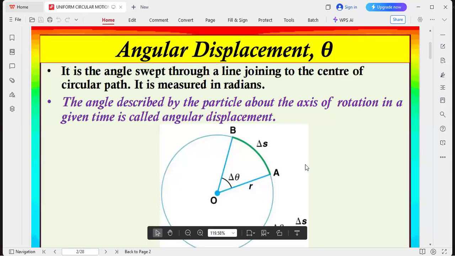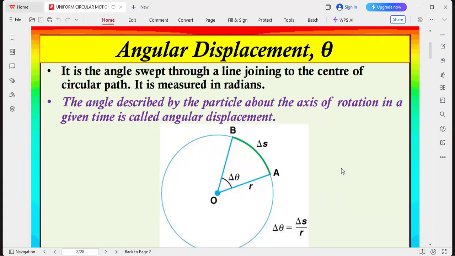So the formula for angular displacement is theta equals S over R, just like it has been written here. Theta equals S over R. Now this theta is measured in radians.